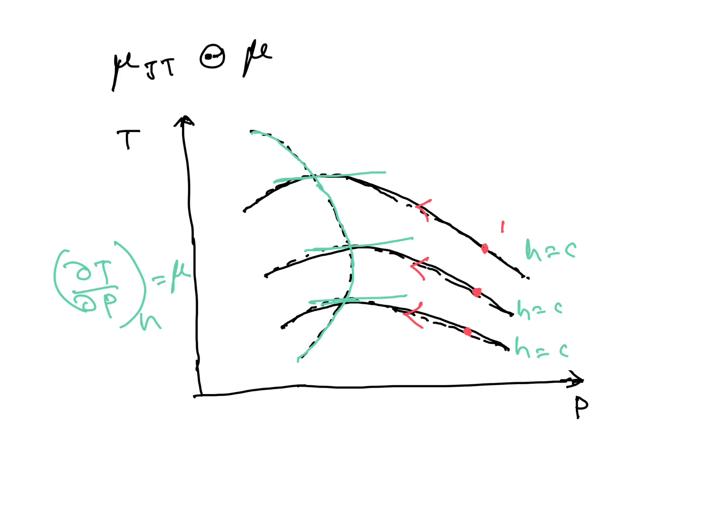You can choose 2 anywhere, here also, like that it will come. This is the inversion curve, where mu equal to 0, or mu J/T equal to 0.